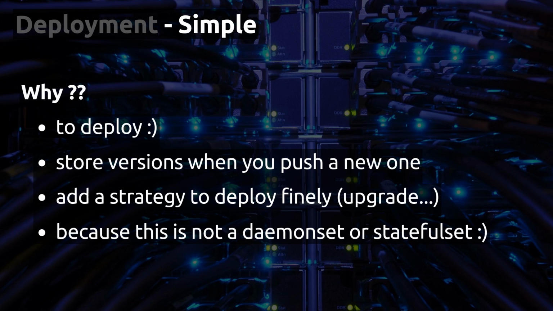The deployment also provides you the strategy. The strategy is how to deploy the new version. For example, you can use the rollout or the recreate. The rollout is the really useful and current mode to upgrade an image. When you use it, it is really smooth: each pod is replaced when a new pod is set with a new version.